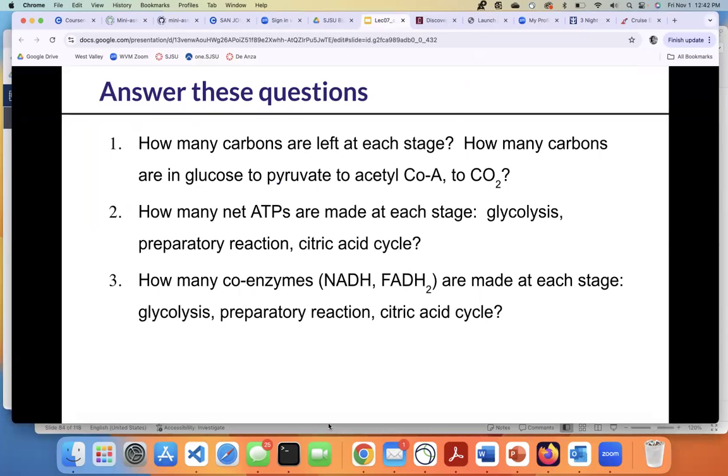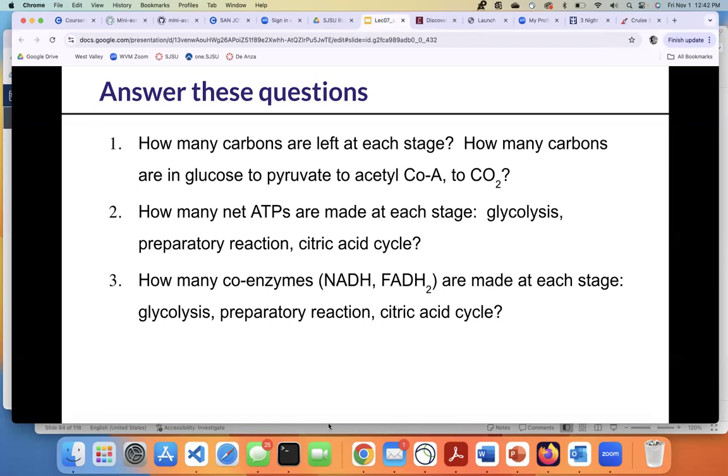Okay, so as we're going through each stage, let's think about what our carbons are. We're starting with glucose, a 6-carbon sugar. We're going to take that 6-carbon sugar and convert it to pyruvate. Sorry, pyruvate is a 3-carbon molecule.